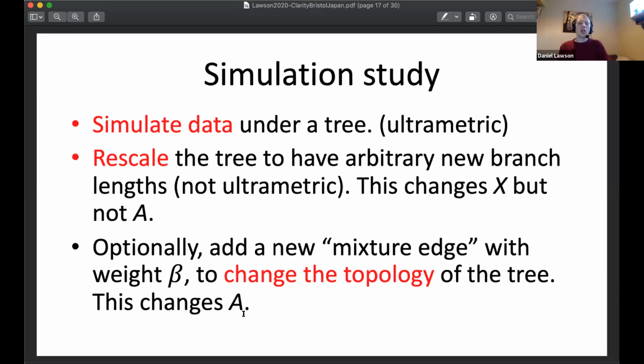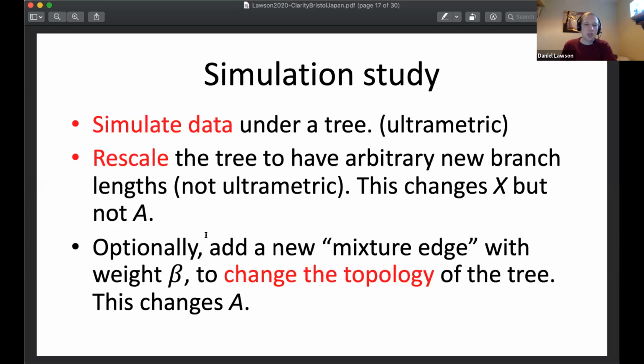So to show how this works, I simulated data under a tree, and then I rescaled the tree. So I'm generating data that has some structure, then I'm generating data that has the same structure, but with a different relationship between the items. So I'm reorganizing the relationship between the clusters.